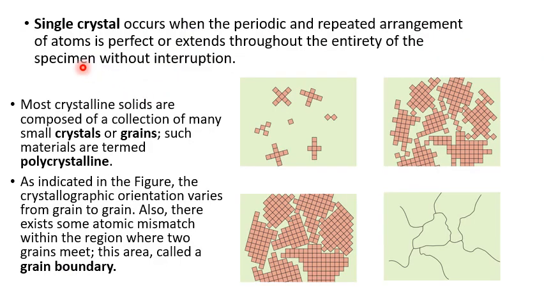So far, we've been defining the crystalline material as the material with a special atomic arrangement. The atoms arrange themselves in a certain way, in 3 dimensions, across the crystalline material. However, in the real world, this is not the case.